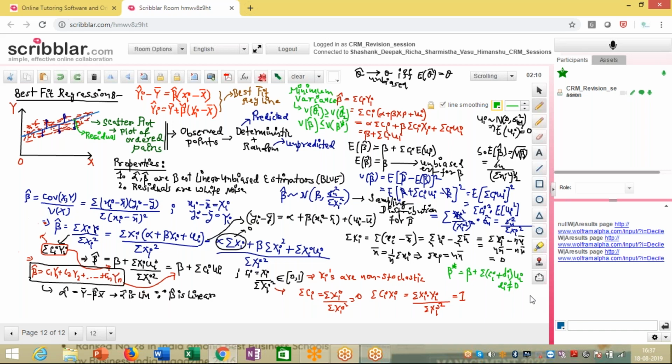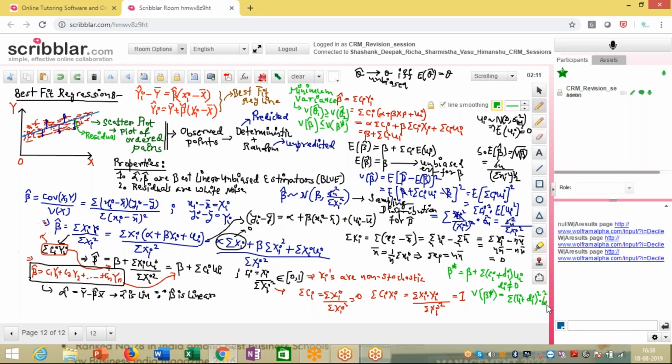Now, if I compute the variance of this beta star, you will see that it comes out to the summation of Ci plus Di whole square into sigma square u.